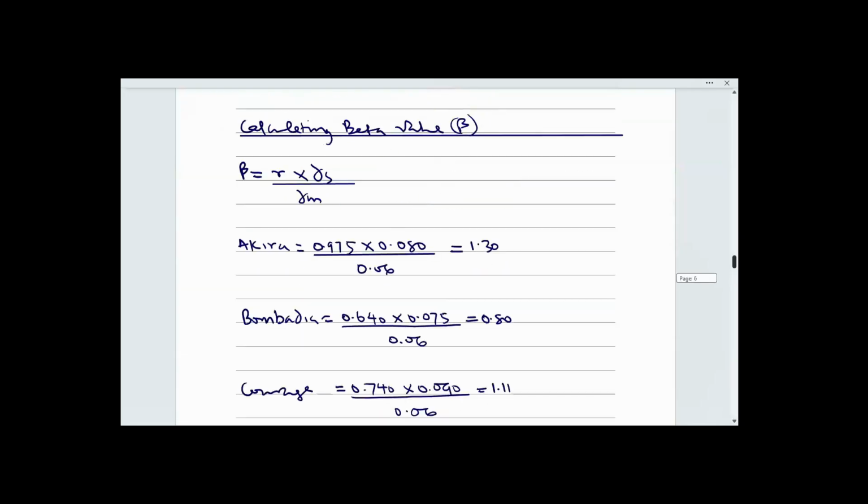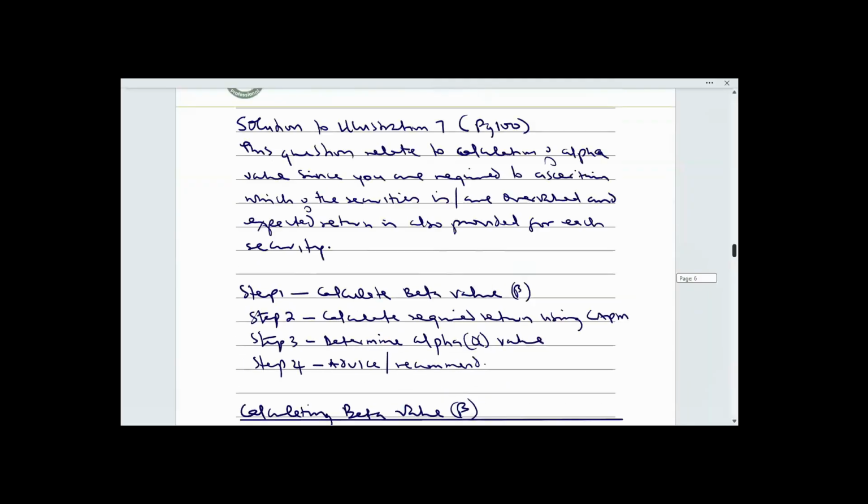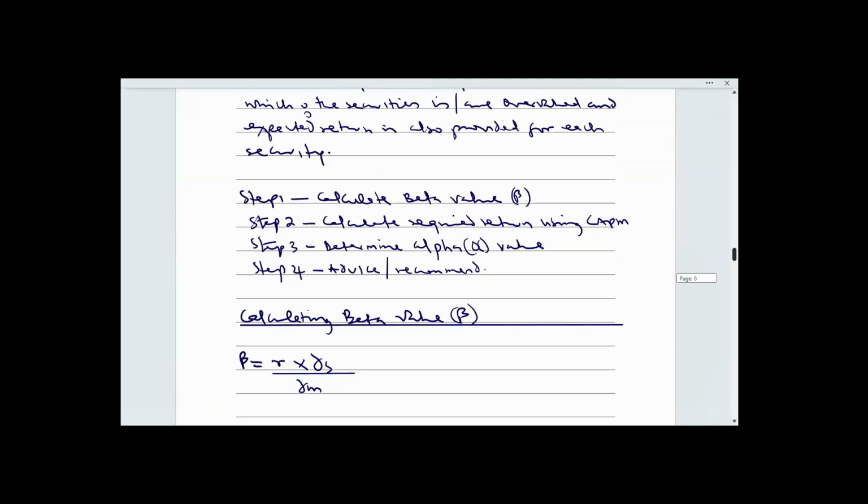So now that we have computed the risk of individual securities as measured by the beta value, we can then proceed to calculate the capital asset pricing model, that is, the required return.